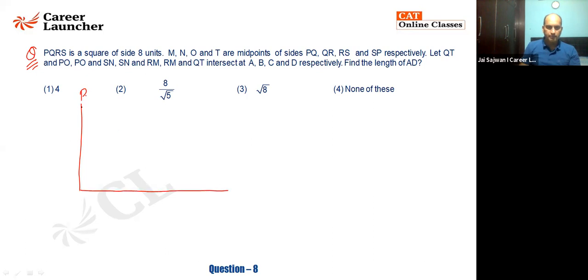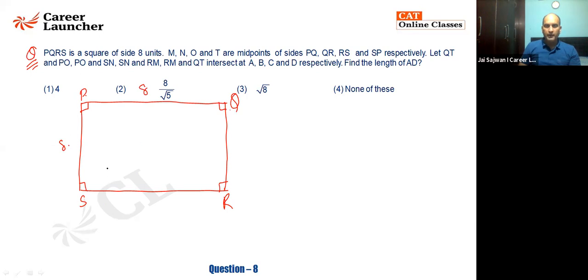PQRS is a square. I hope all of you remember, square adjacent sides subtend 90 degrees and all sides are equal. It is given that each side is 8.